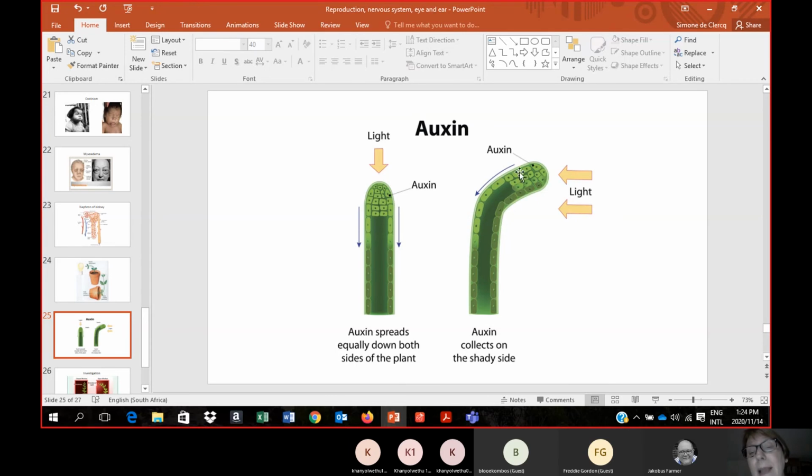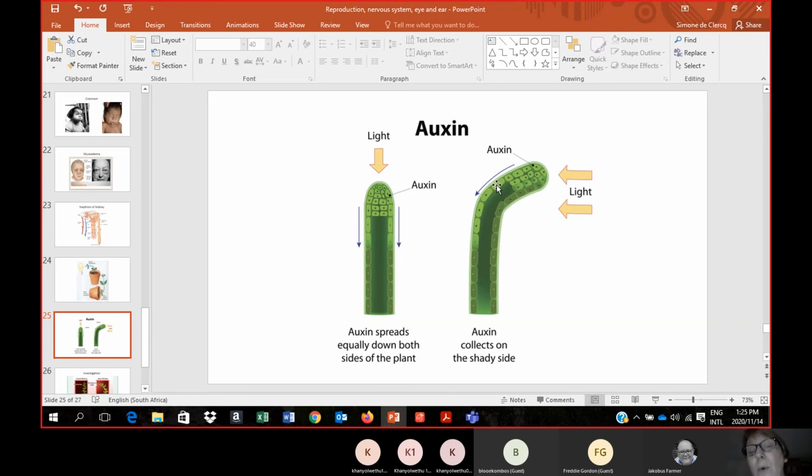Now what happens is that these cells are going to elongate more rapidly, because there's more auxin there than on the sides which are on the lit side, and that means that the tip of the stem will always grow towards light. So let me repeat that. Under the influence of light, auxin, because it's sensitive to light, will move away from light.